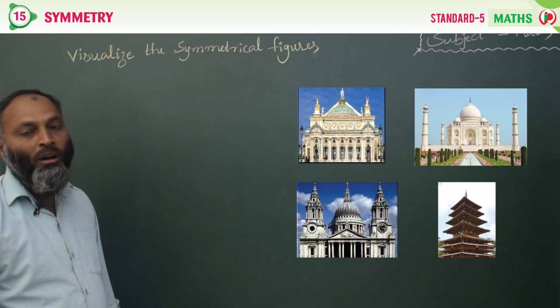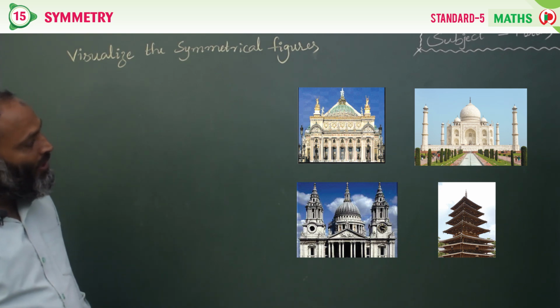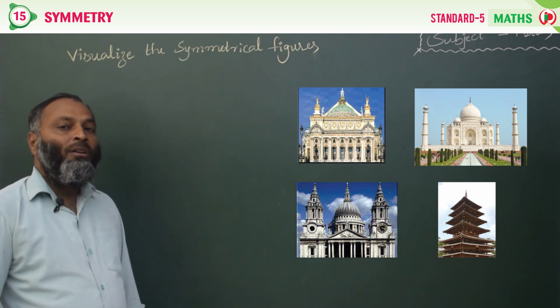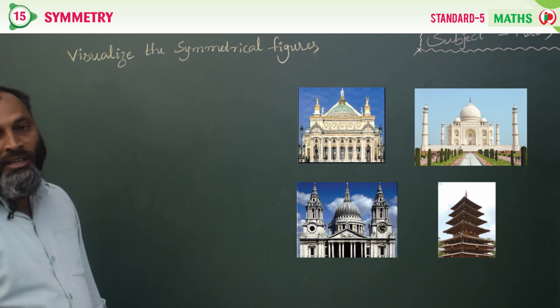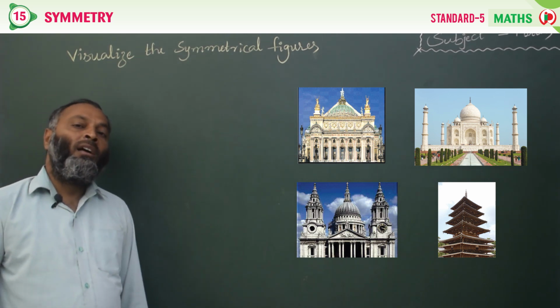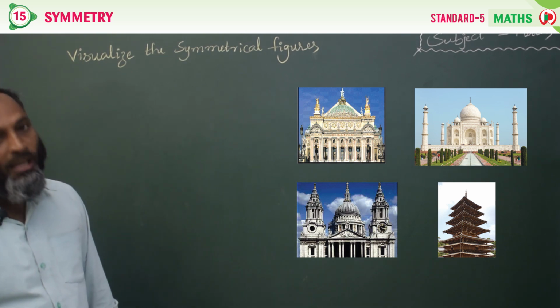How are all four symmetrical? Because if we draw a vertical line for all four, we will get two identical shapes, left and right. That is why these four are identical in shape, so they are symmetric. Okay students.